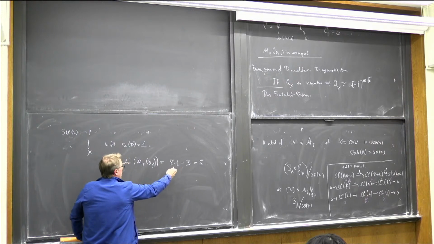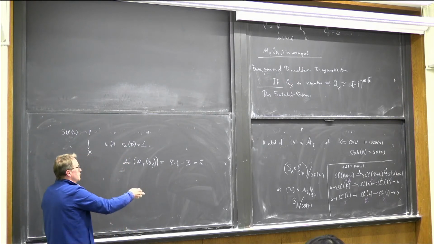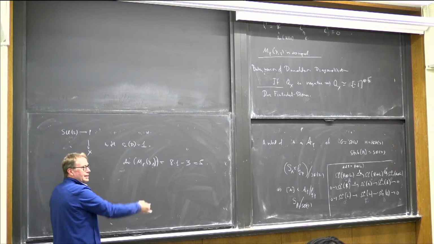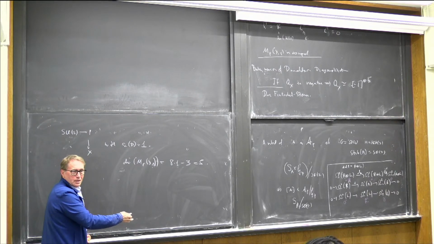We have something that differs from the trivial connection by adding an instanton, so we can bubble. Right?